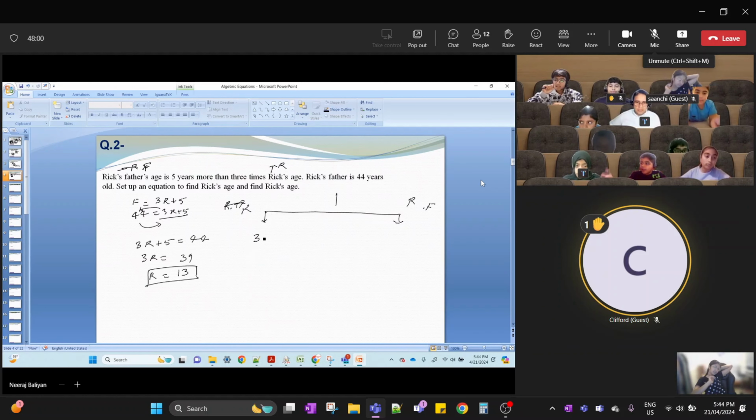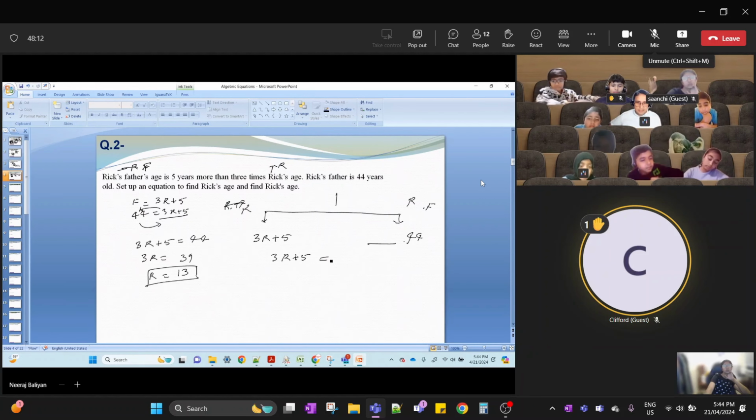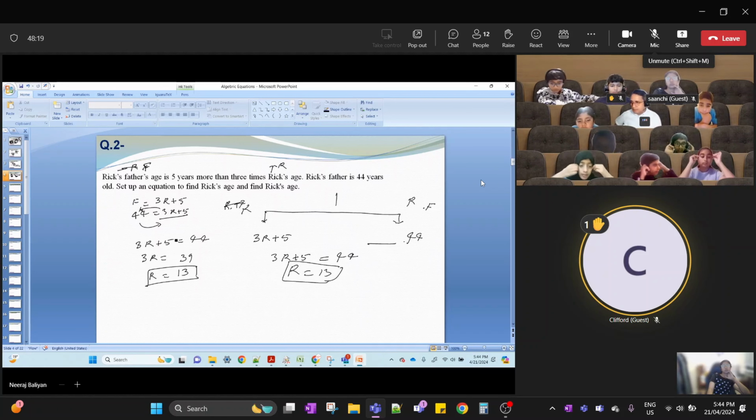So 3R plus 5 is the father's age given here. Rick's father's age is 44, so you can write 44 here. So with this tree diagram, you have 3R plus 5 is equal to 44, and you can solve R is equal to 13 in the same way. So if you get confused anytime, always use this tree diagram. The tree diagram is very, very useful in forming equations.